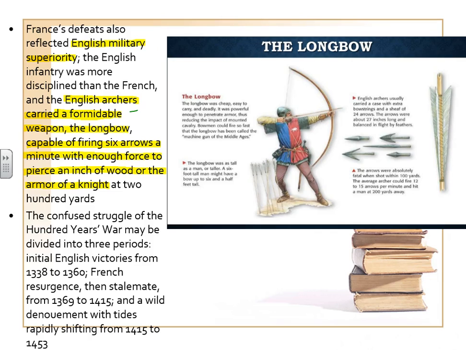at riding a horse. The converse, but a longbowman, it could be a commoner, it could be a peasant. It doesn't require a lot of training to learn how to pull a bowstring, to aim, and so the English are going to not be quite so reliant on the knights.